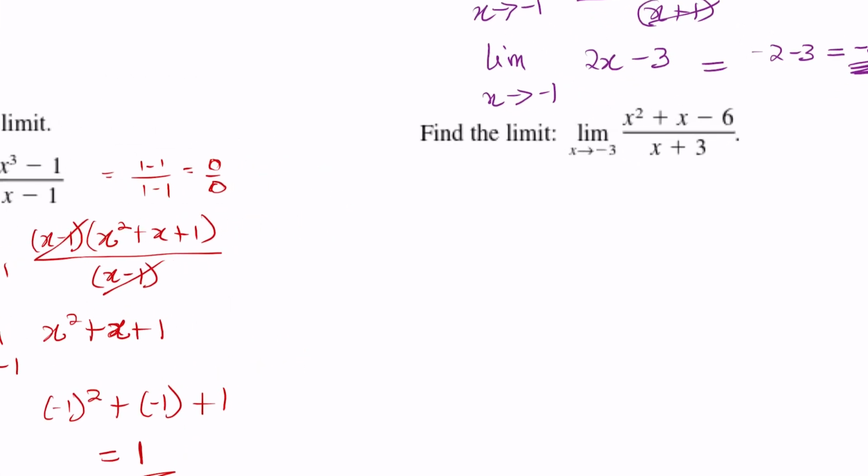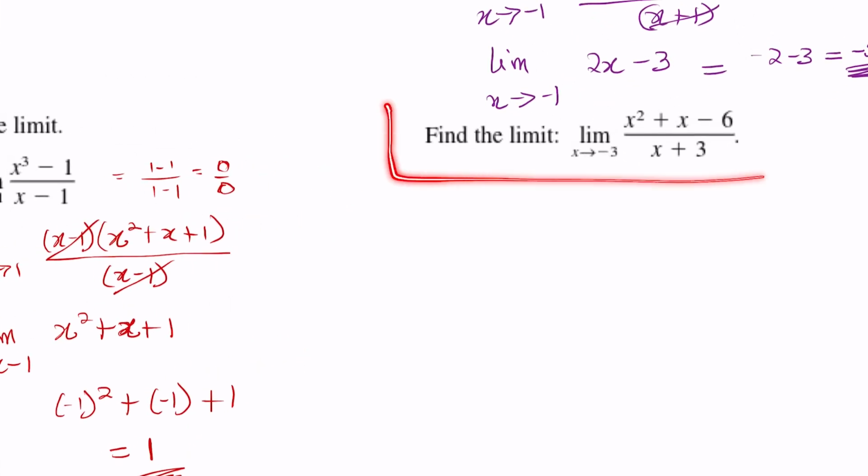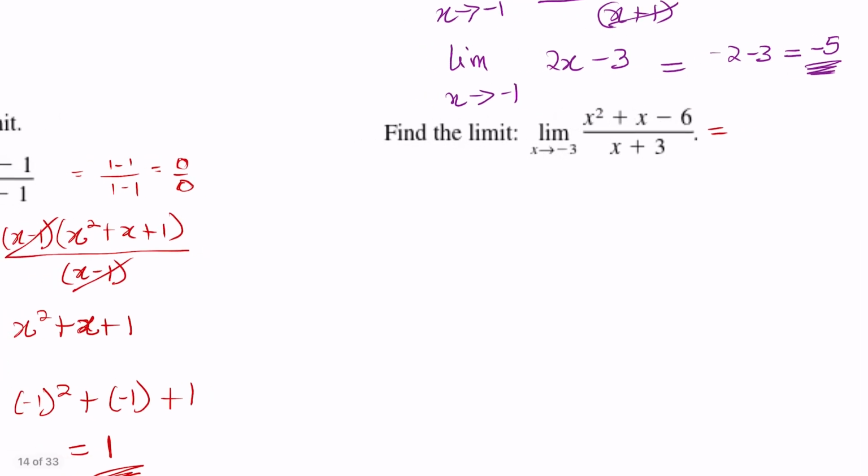In the next example, again, we have to apply the method of direct substitution first. In this case, if you apply direct substitution, we end up with 9 minus 3 minus 6 divided by minus 3 plus 3, which gives us 0 over 0. So clearly, we need the method of factorization.